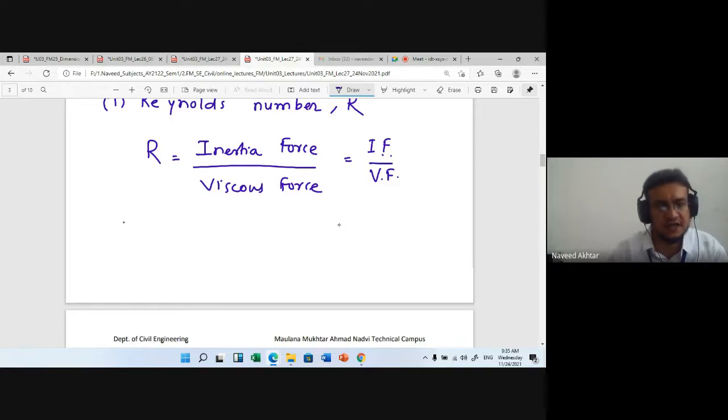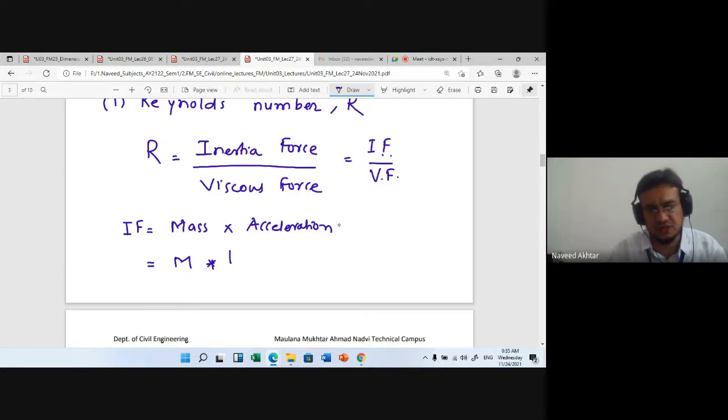So we know that inertia force is nothing but mass into acceleration. Mass in dimension is denoted by capital M, and acceleration has dimension L upon t square.